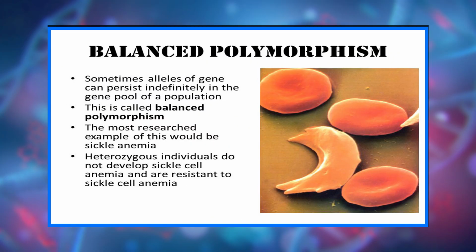On the other hand, balanced polymorphism is a situation in which two different versions of a gene are maintained in a population of organisms because individuals carrying both these variations are better able to survive than those who have two copies of either version alone.